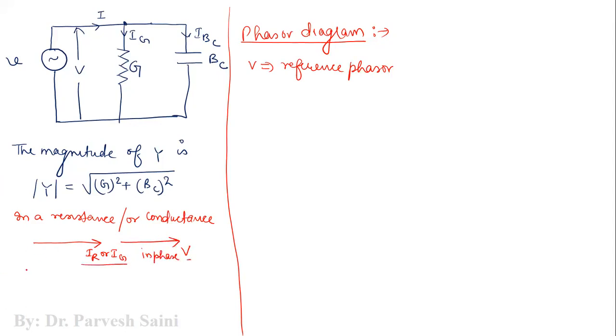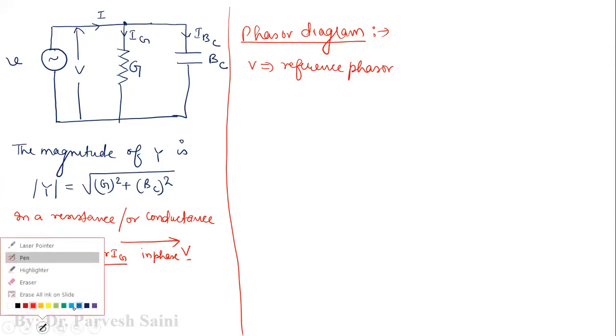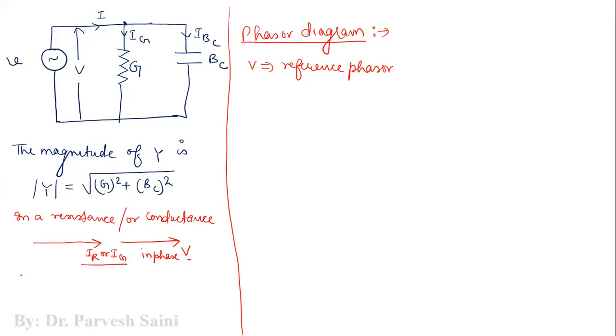Similarly, in a capacitor or susceptance, which is capacitive in nature, the current, which is IC or basically IBC, leads the voltage by 90 degrees.